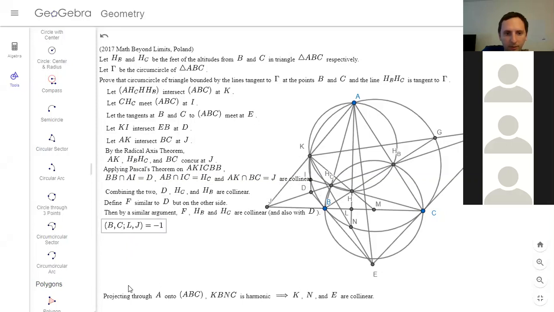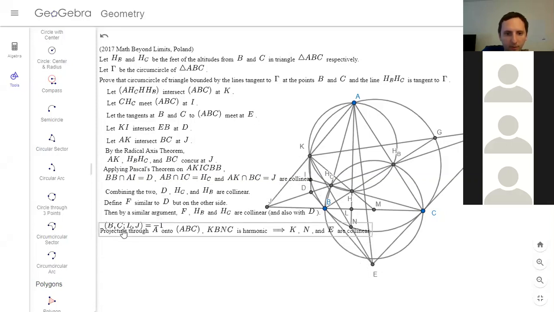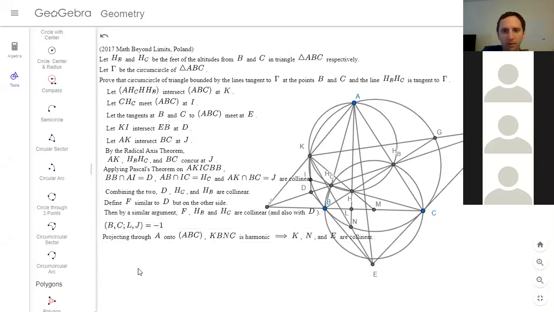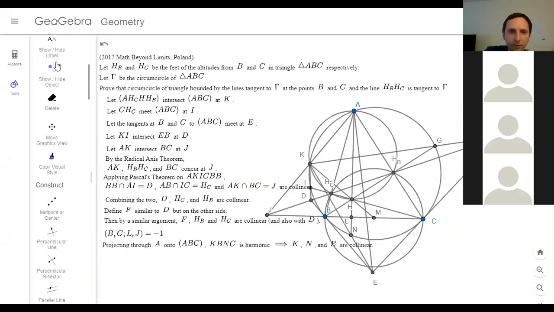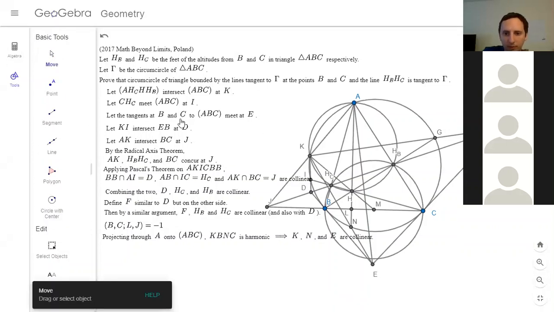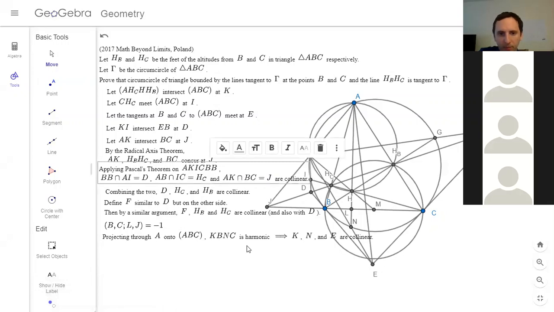Okay, so the first step, you want to show IG is parallel to FD, right?